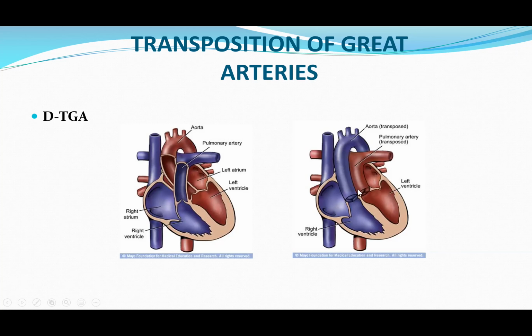And on the left side, you have oxygenated blood coming to the left atrium, pumped across a tricuspid valve to a right ventricle, pumping the blood to the body. So these patients look normal like you and I. They are pink, but their ventricles are in the wrong position.